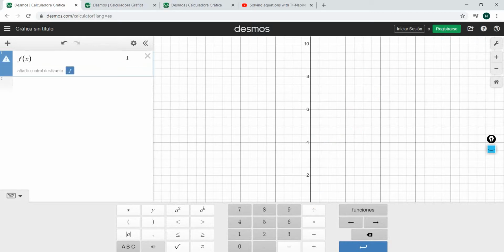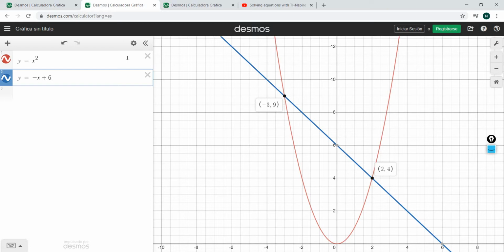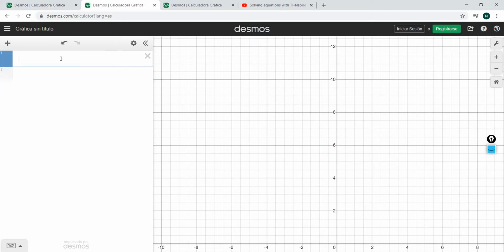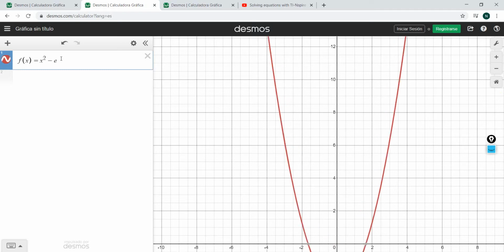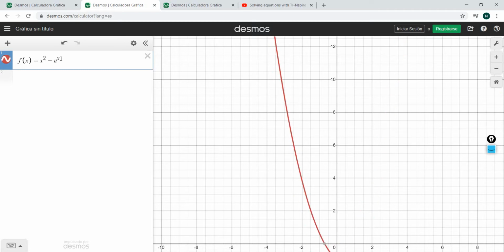And let's find the zeros graphically. f of x equals x squared minus e to the x plus, was it plus 1? I can't remember.